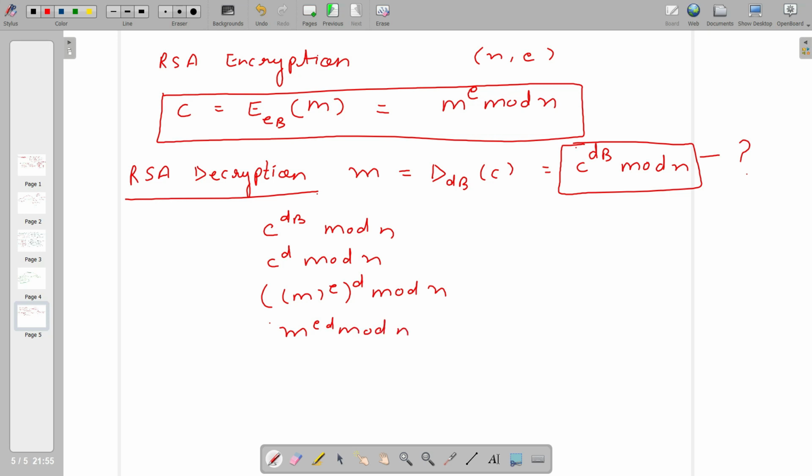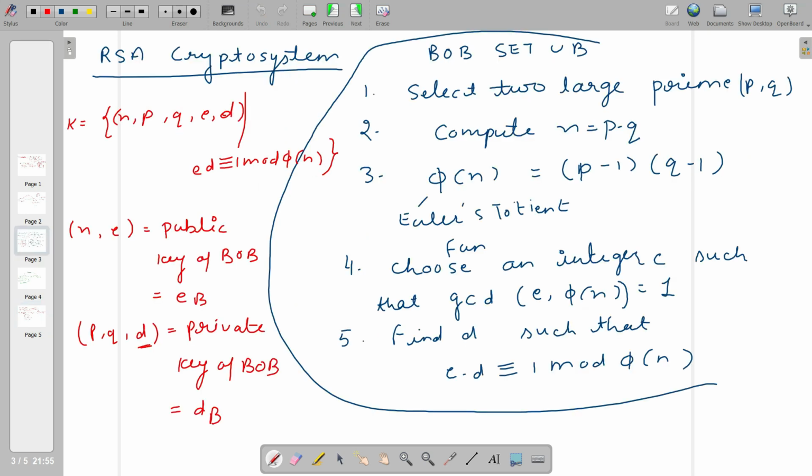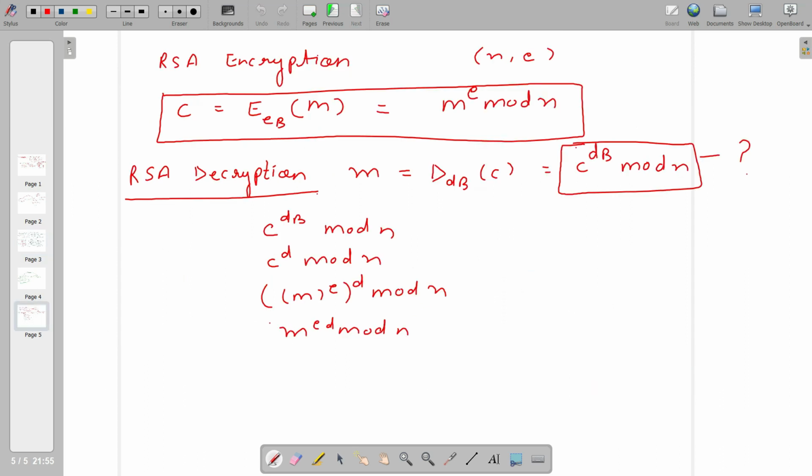And when we select the Euler-Totient function or Euler-Phi function, ED is congruent to 1 mod phi n. And what is this phi n? Phi n is the Euler-Phi or Euler-Totient function. It is the number of integers less than n which are co-prime to n.